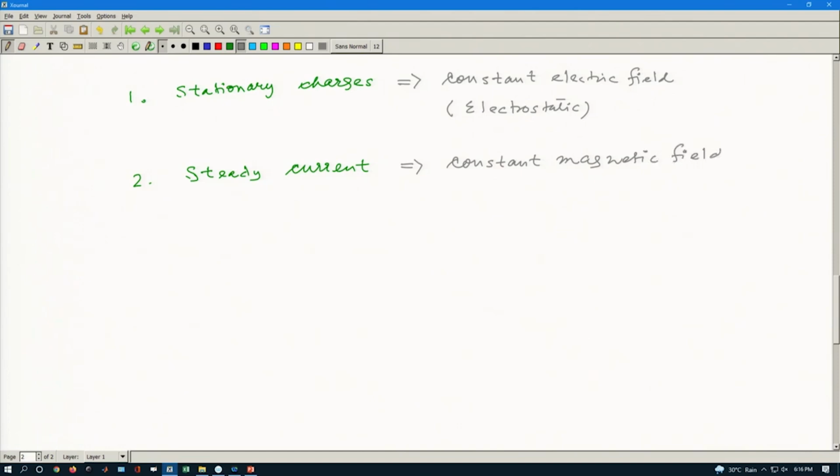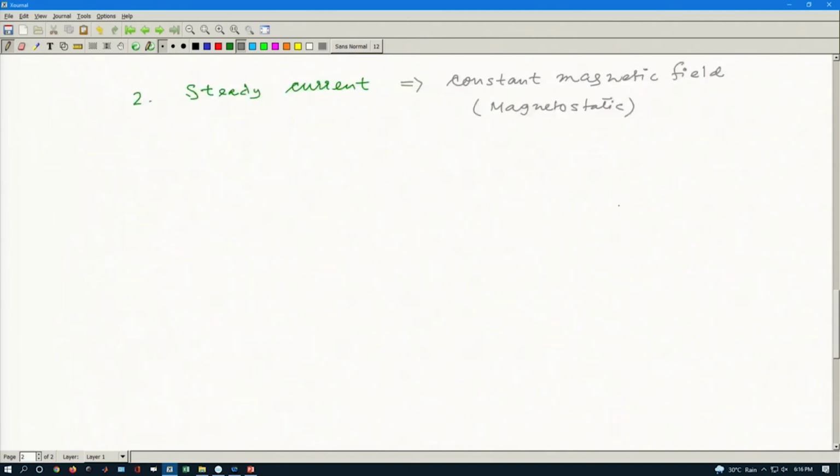That is magnetic field that is not changing with respect to time, and that topic is under magnetostatics. This is the topic of magnetostatics, where we deal with the situation where the current is steady, and electrostatics we have already discussed the entire part, where the charged particle is always in a stationary position, it is not moving.